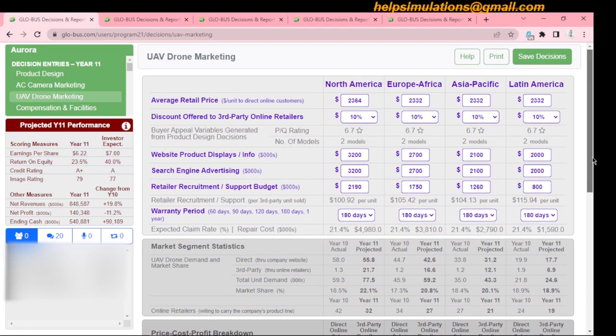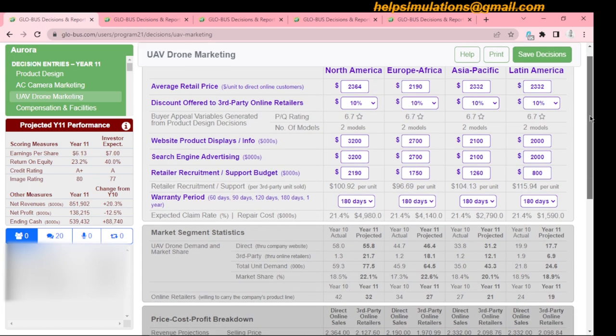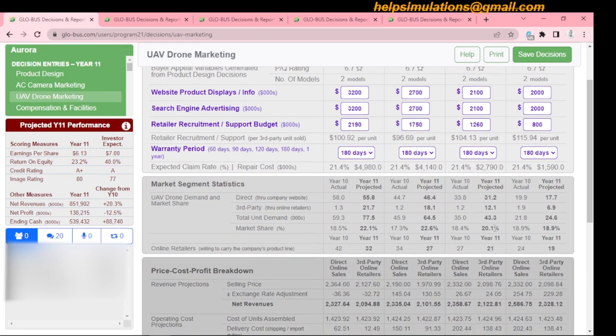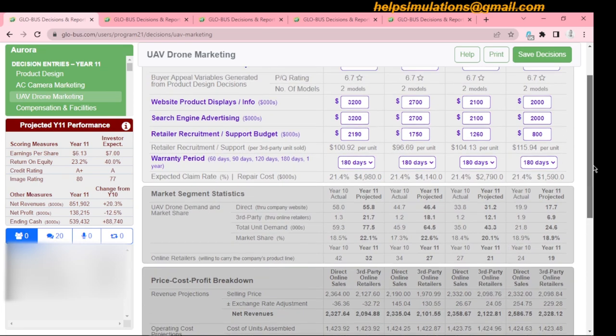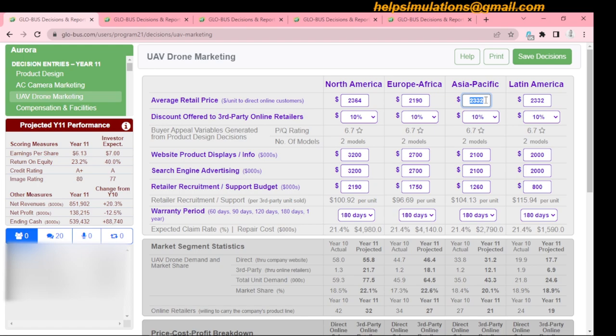So let's say we can do 2190. We'll sell at 2190. So for the Asia Pacific exchange rate, we are gaining almost 24, so we can lessen the price by almost 24. I think that's a fair price.